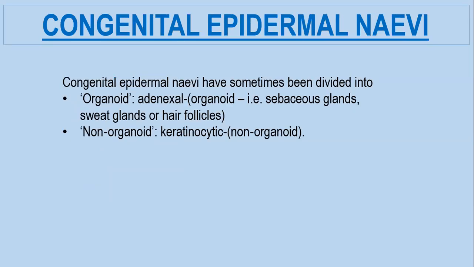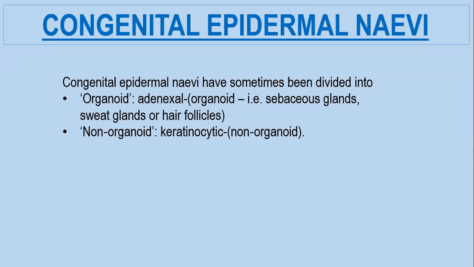As far as the congenital epidermal nevi are concerned, they are sometimes divided into organoid or non-organoid. The organoid congenital epidermal nevi means that they have an adnexal origin, that is, either a sebaceous gland, sweat gland, or hair follicle. And non-organoid is simply keratinocytic.